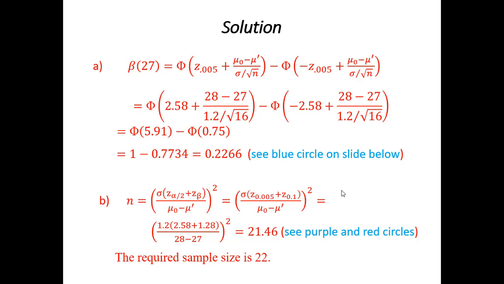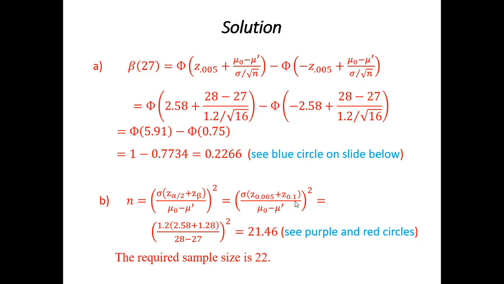Here it's a two-sided test, so this is the formula that we need. Alpha is 0.01, so I want this z 0.005 term, which we've seen a few times, 2.58. But now I have beta is 0.1, so I want the z 0.1 term.